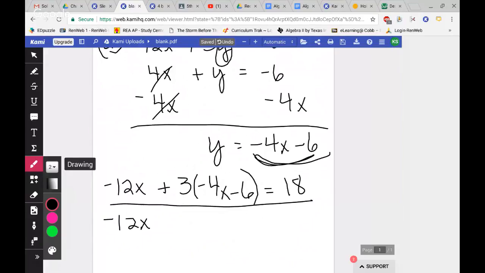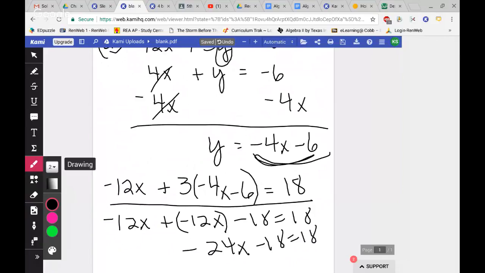So I've got negative 12x plus, and now I've got 3 times negative 4x. Wouldn't it be an infinite number of solutions? On this one? I don't know, because I've got 3 times a negative 4x. So that's a negative 12x, right? Plus a negative 12x. And then 3 times a negative 6 is going to be negative 18. So I've got negative 24x minus 18.